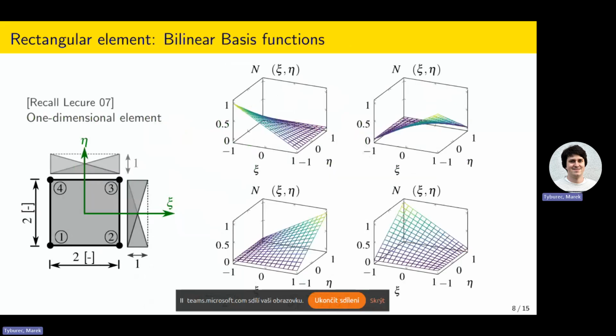Okay, so now you can see what these basis functions actually look like. You can see that this first shape function is indeed 1 at node number 1 and 0 at the other nodes. And the same goes for the other basis functions.